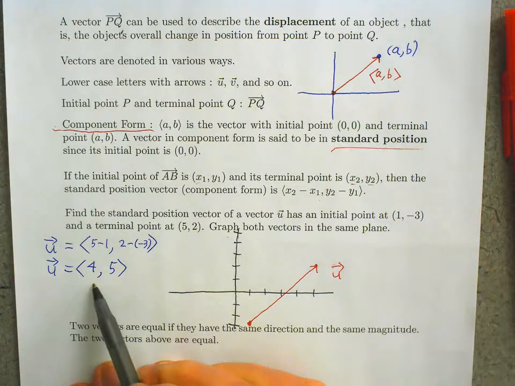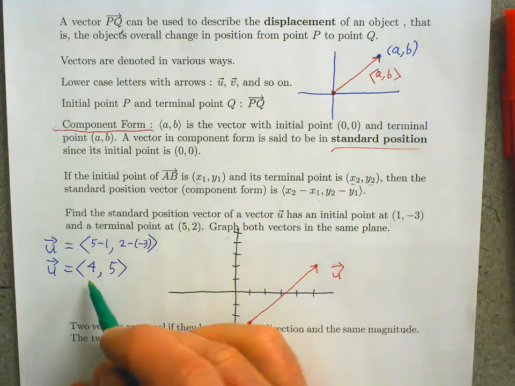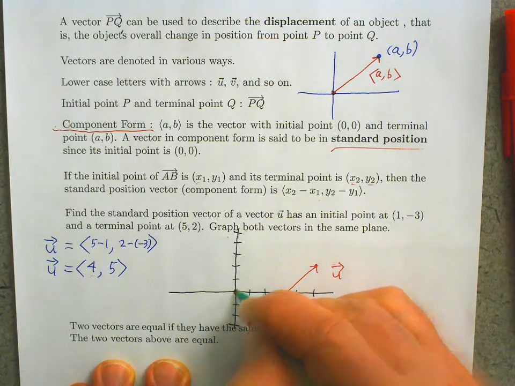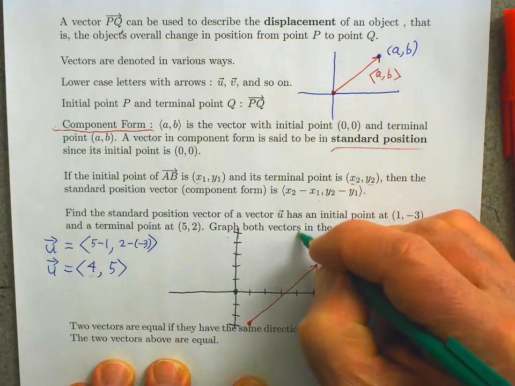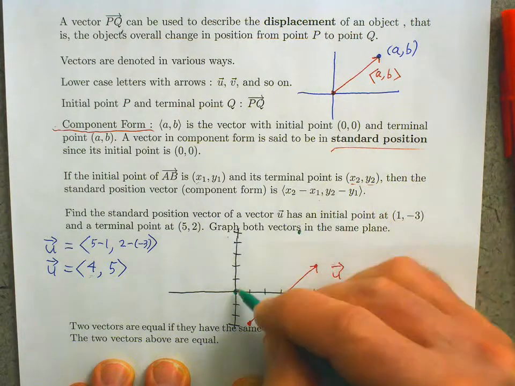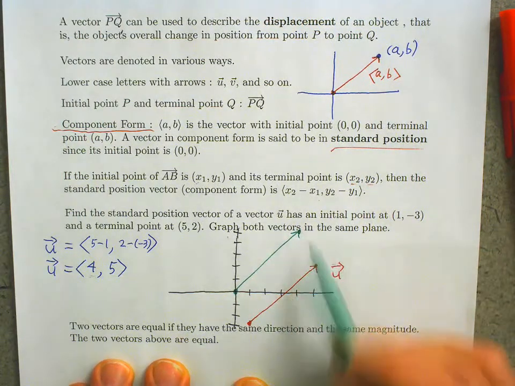But then if we write the component form, or graph the component form, it's understood that the initial point is (0, 0) and the terminal point is (4, 5).